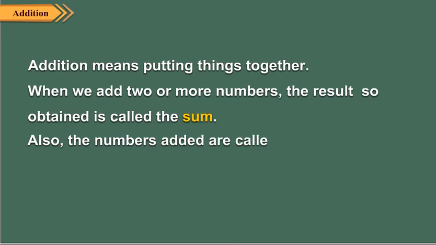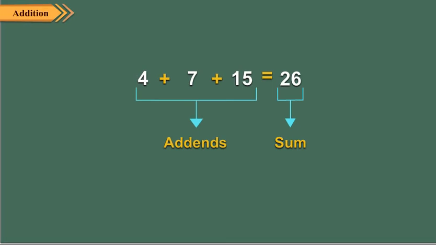Also, the numbers added are called addends. For example, if we add 4, 7 and 15, we get 26, which is called the sum of 4, 7 and 15. Here, 4, 7 and 15 are called addends.